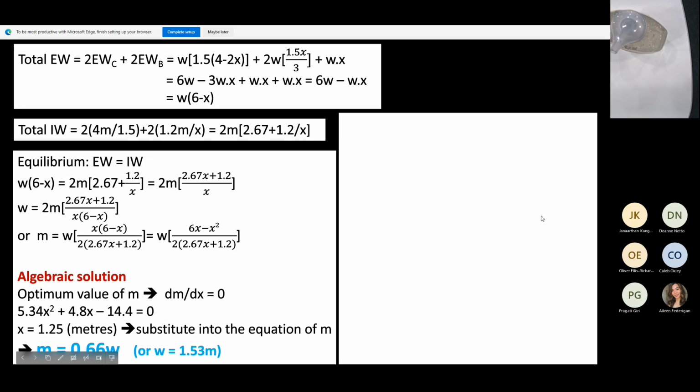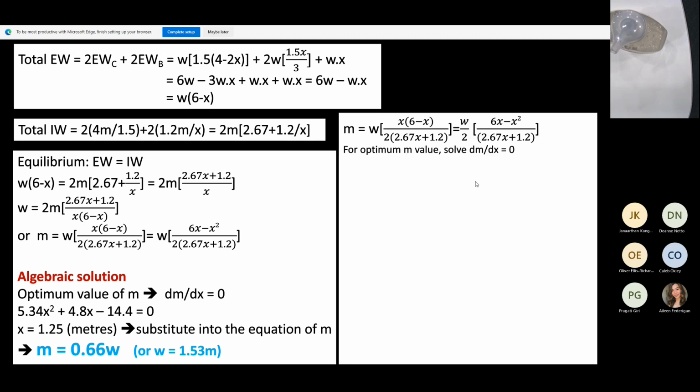And what I've done on the next slide is for those of you who are not very sure how to get this expression. So let me go through it. We have m equals this. I've taken the 2 outside the bracket, so we have w over 2 times (6x minus x squared) over this. Now for the optimum value, you are going to differentiate this about x equal to 0.